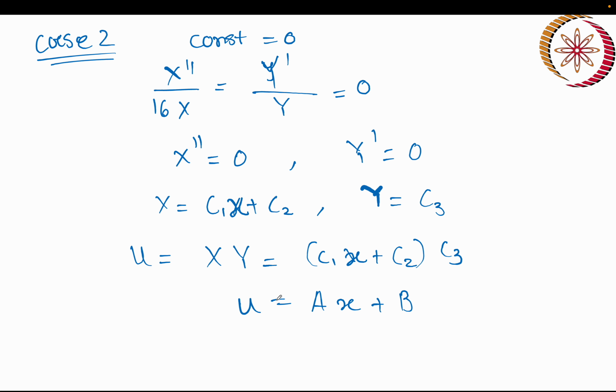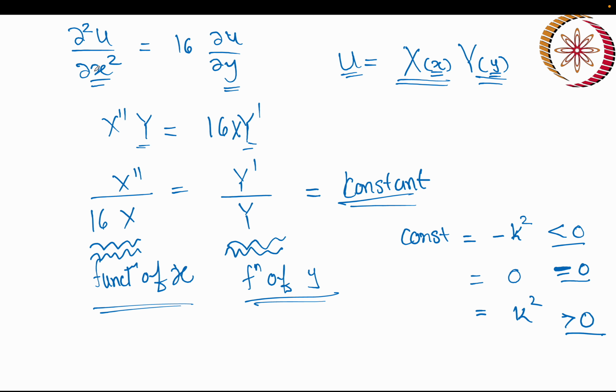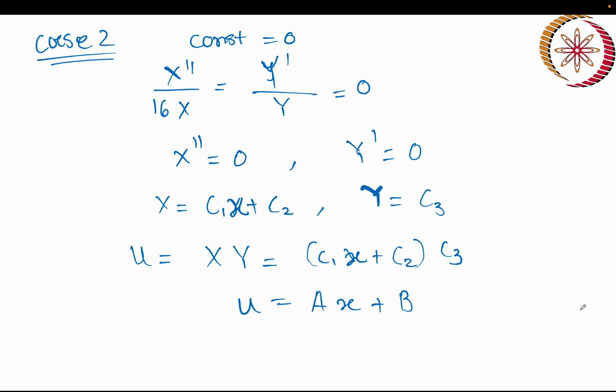Okay, so this is the solution for case 2, and we already considered case 1, this case 2 also we considered, and the case 3 will be k square, which is greater than 0. So in the case 3 what we will consider is the constant is equal to k square, which is greater than 0.